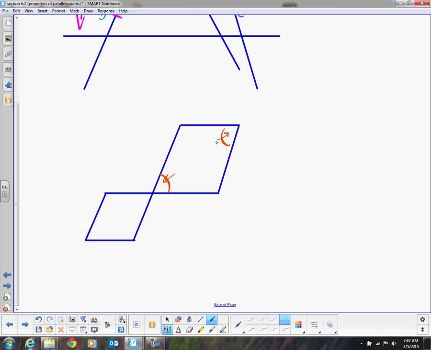Because they're opposite angles in a parallelogram, and opposite angles are what? Congruent. What do you know about this angle and this angle? Why? Opposite angles in a parallelogram are congruent. Well, what do you know about those two angles? Why are they congruent? So if they're congruent, then that means this angle must be what? Okay, so you're going to be using properties of parallelograms. I think you're set for this assignment.